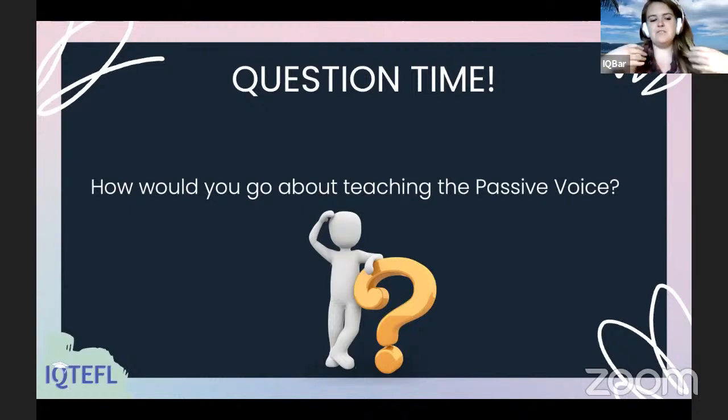I find that even if you explain the meaning or the structure, sometimes they find it a lot easier to understand if they see modeled examples. Then I usually use an activity or a game where they get the chance to fill something in or rearrange some words to make their own sentences. And through active participation like that, they usually get enough opportunity to practice making passive voice sentences.